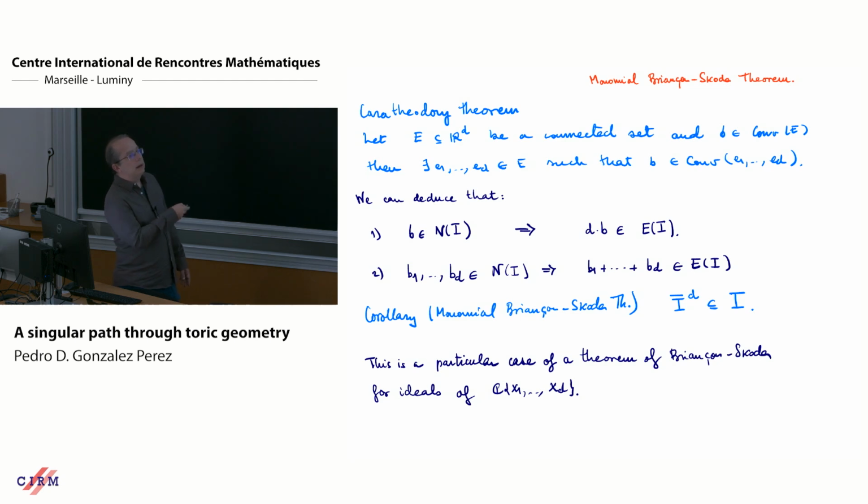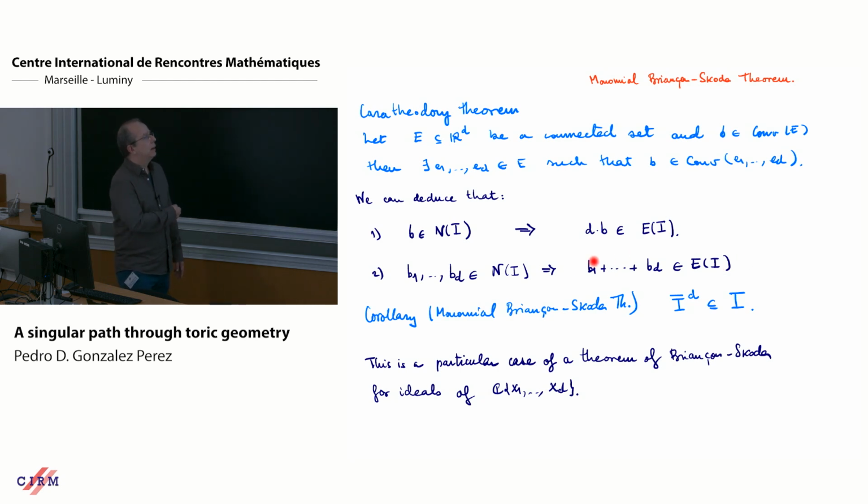Using this theorem and working a little bit combinatorially, we can prove that in our setting, if b is in the Newton polyhedron of I, then d·b is in the set E_I. And more generally, if we take b_1, ..., b_d in the Newton polyhedron, then this sum is in E_I.